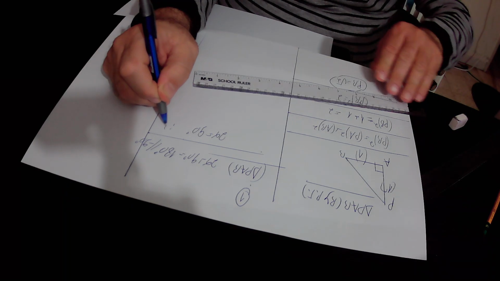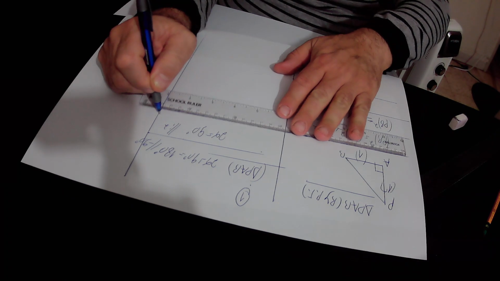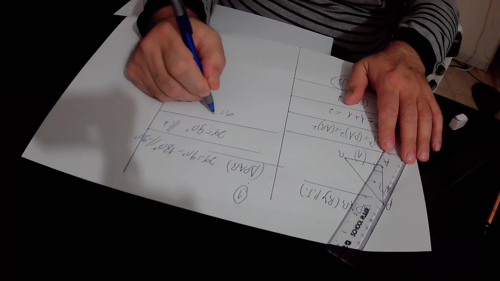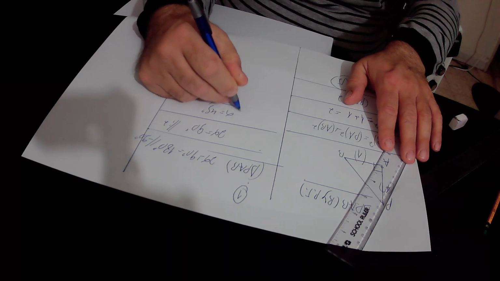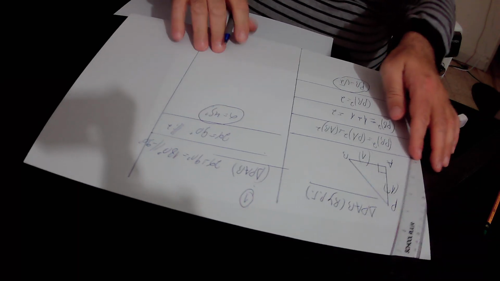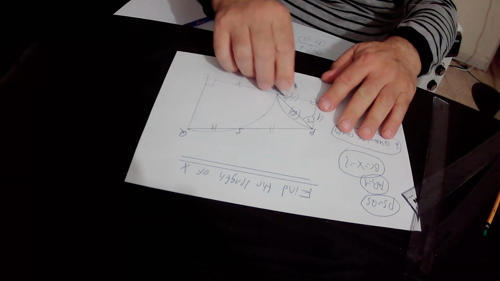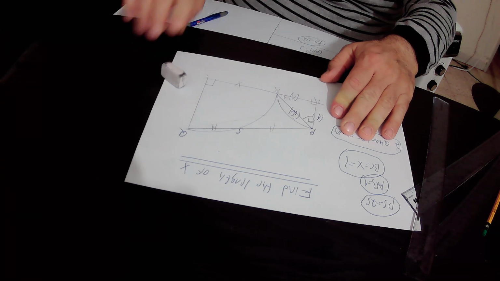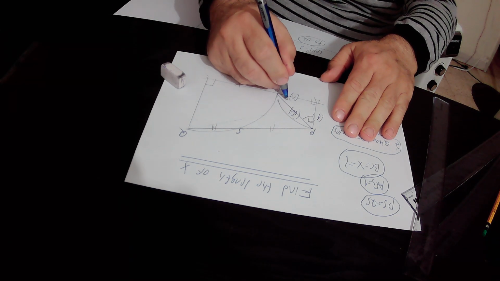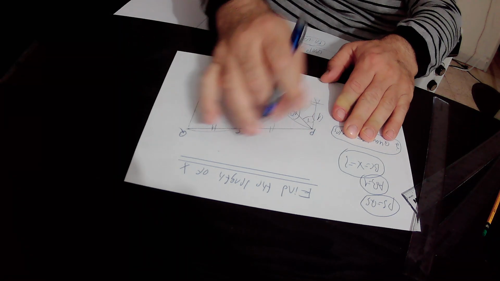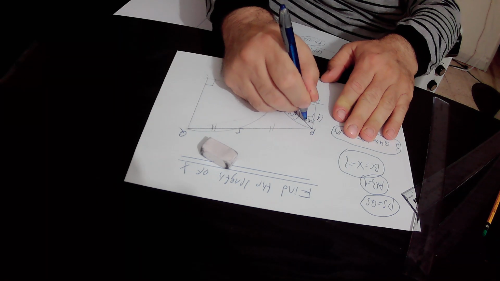We divide this equation by 2, and finally we get that alpha equals 90 degrees over 2, which is 45 degrees. So we found out that this angle alpha equals 45 degrees in its size, and this is also angle alpha, which equals 45 degrees in its size.